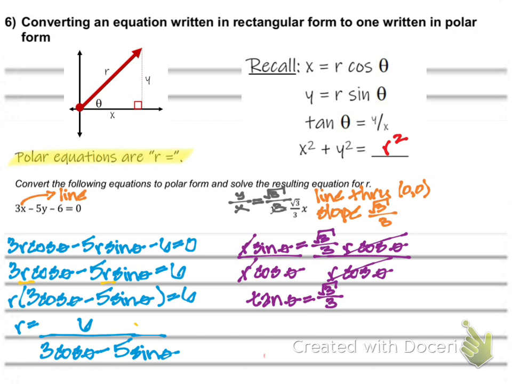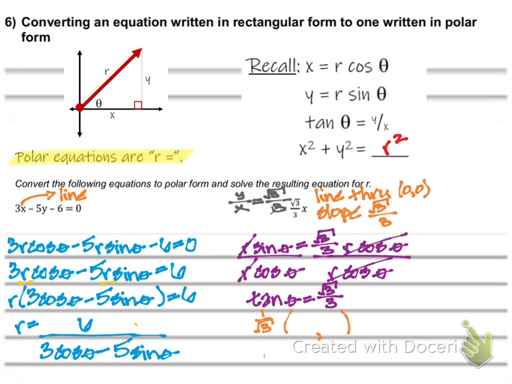So now we got to think about where is the tangent root 3 over 3. Root 3 over 3 is the same thing as 1 over root 3. It's just rationalized.